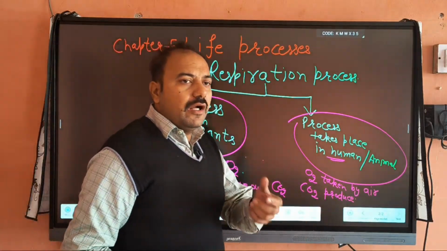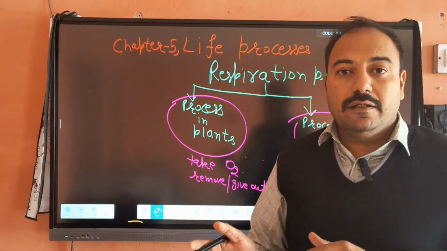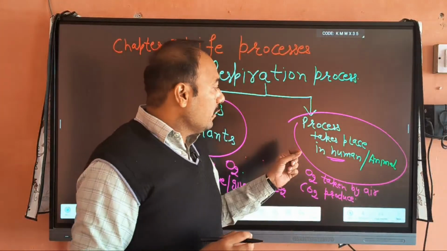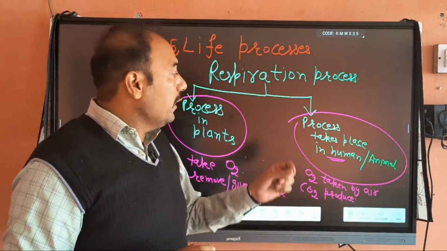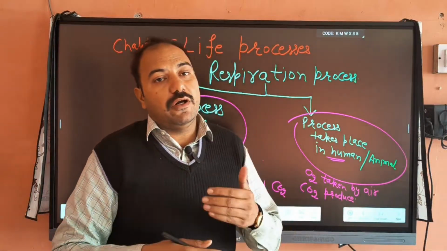But in plants and in humans, different organs are found. In humans especially, the lungs are designed for taking oxygen from the atmosphere and removing carbon dioxide outside.